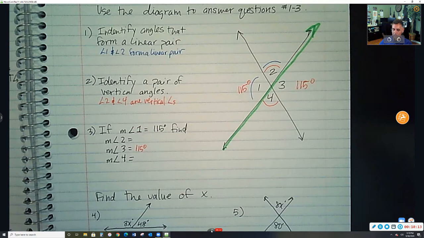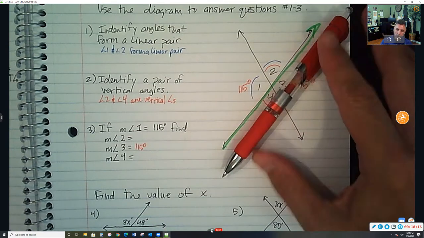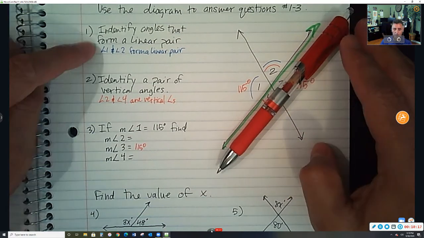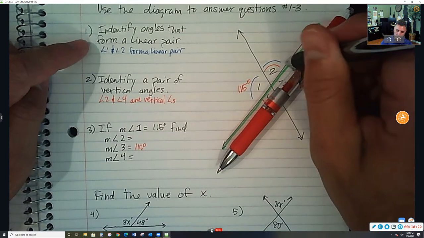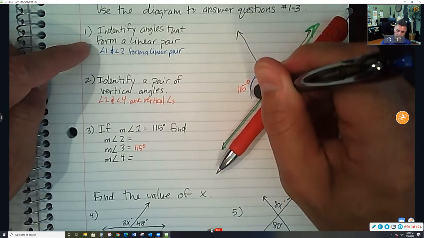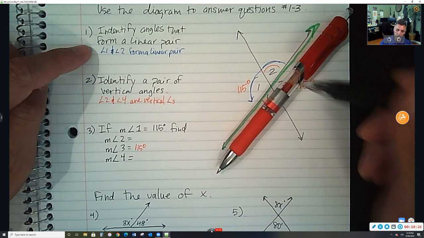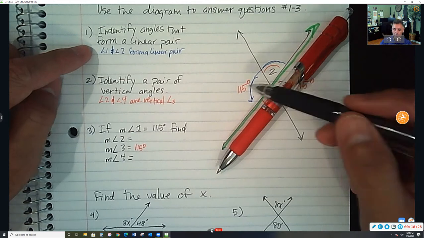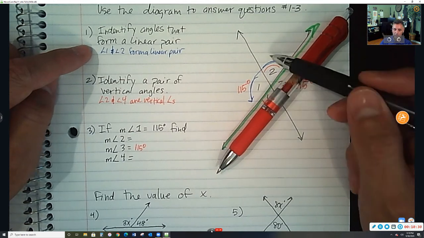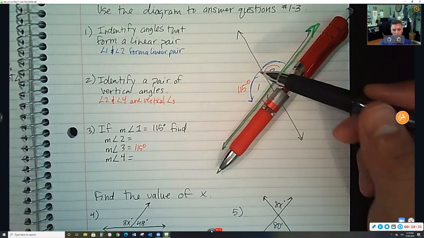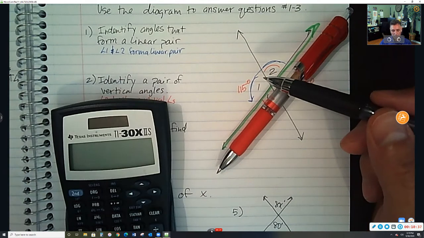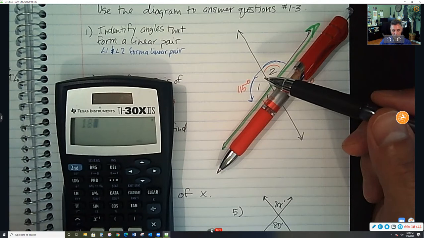And then we just said up top, we said these two form a linear pair. And whenever it forms a linear pair, remember from the assignment we just did a day or two ago, these two have to equal 180 because it's half a rotation. So if they have to equal 180, let me turn this calculator on. 180 minus 115.